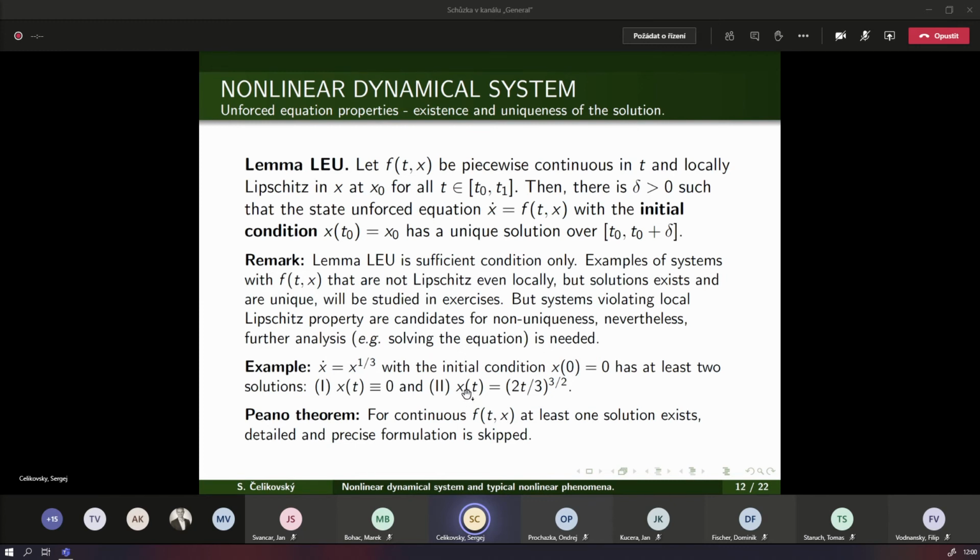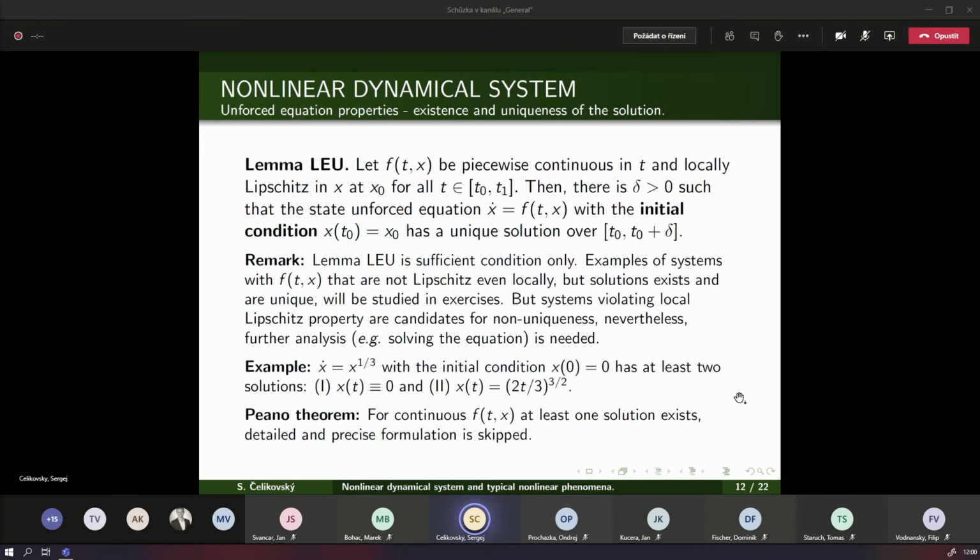And here you can see that if you take this function and differentiate, you use the well-known formula that it is 3/2 times (2t/3) to the power 3/2 minus 1, and if you compute everything, you will see that it is the square root of this.